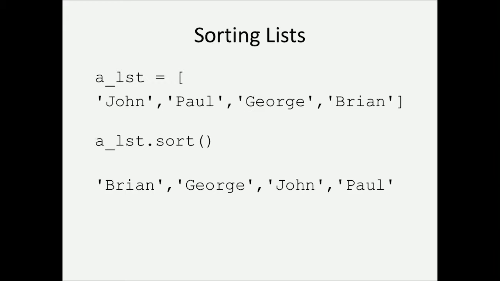I don't know who he is. I guess he was the manager. So if I then say a list.sort, it will produce a sorted version of this list. Now, an important distinction here is it doesn't sort the original list. It produces a new list, but this version of the list is sorted. But if I want, I can reassign the variable to be the sorted version.